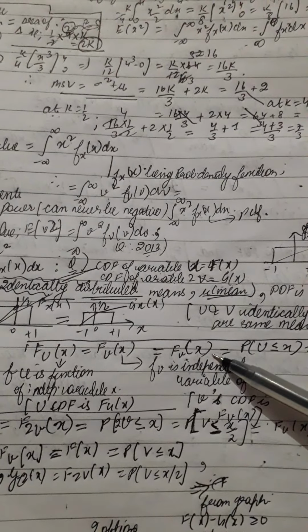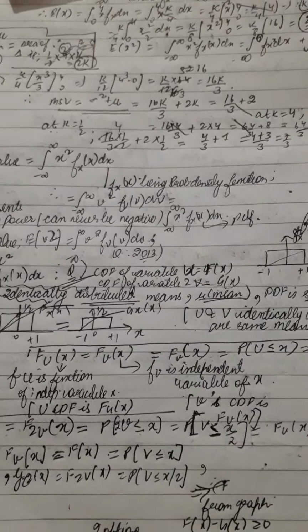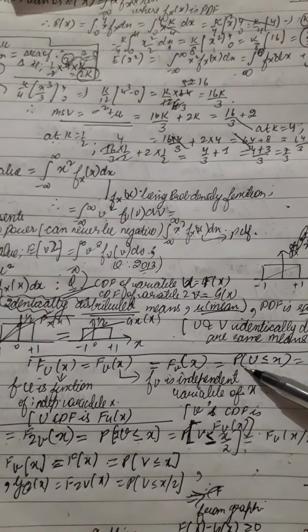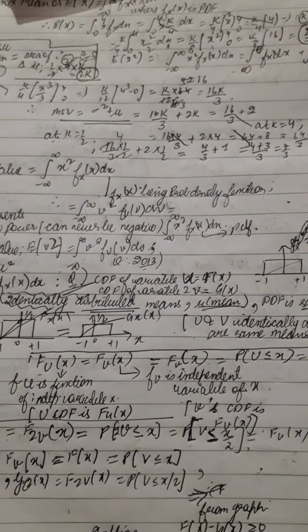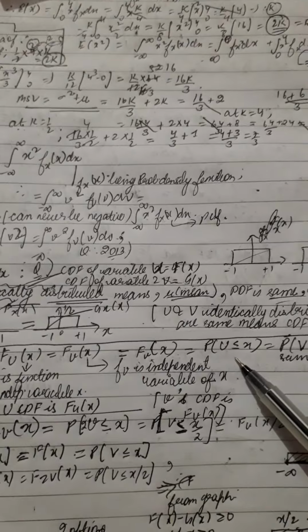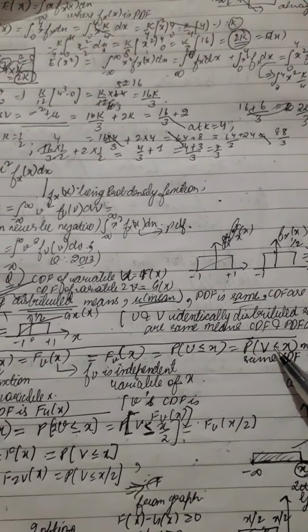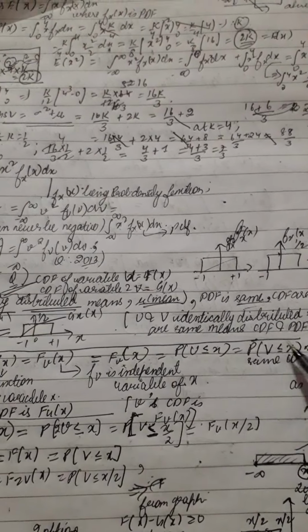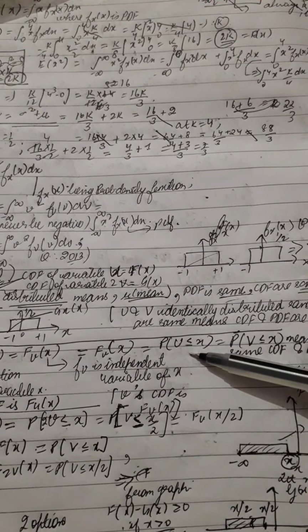The probability that the random variable U is going to achieve, we will add all the probabilities up to this small x. Let's say it assumes some finite value x. So it is equal to P of V, V less than x.